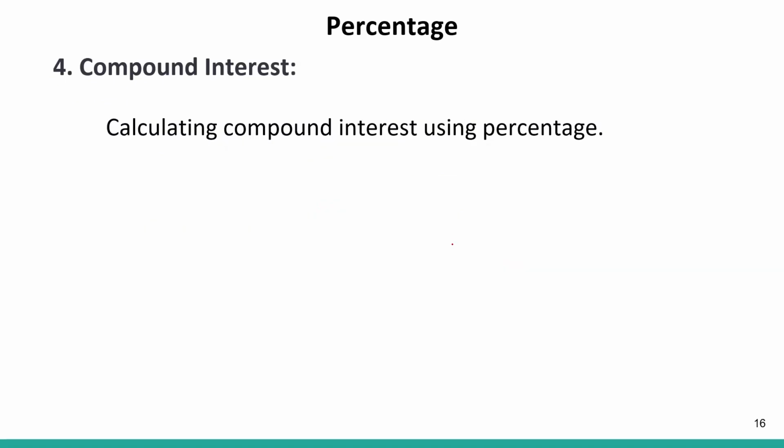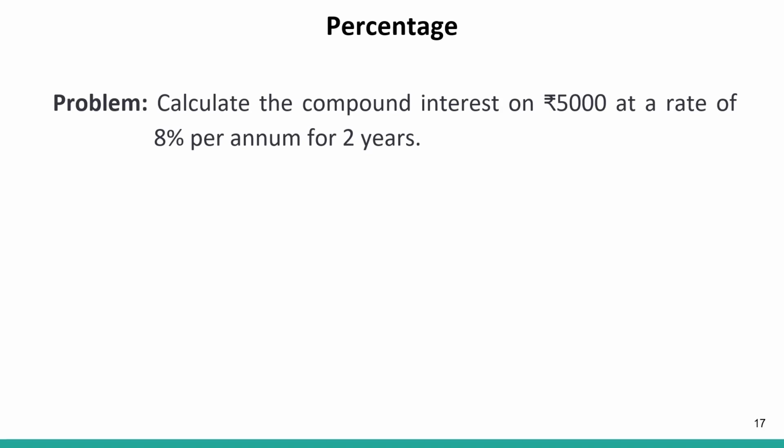Okay. So let's see the fourth kind of question that is being asked, that is calculating the compound interest using percentage concepts. Calculate the compound interest on 5,000 at a rate of 8% per annum for 2 years.